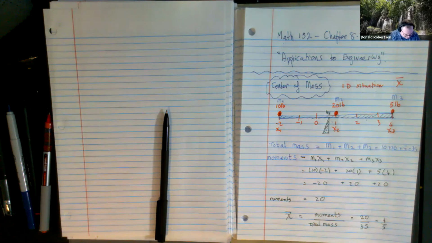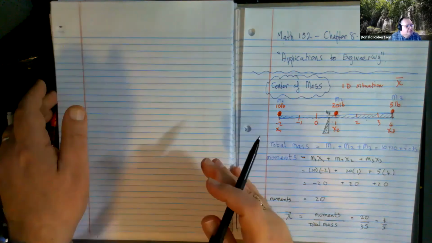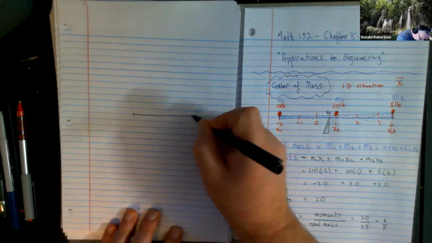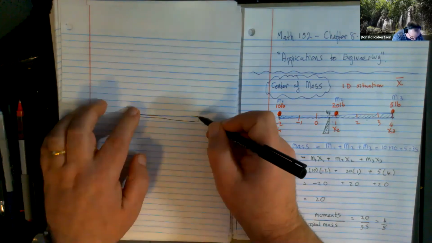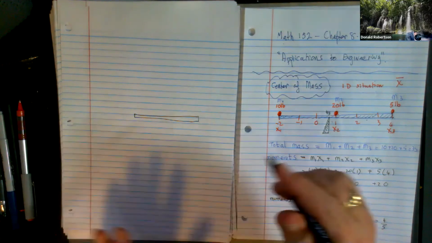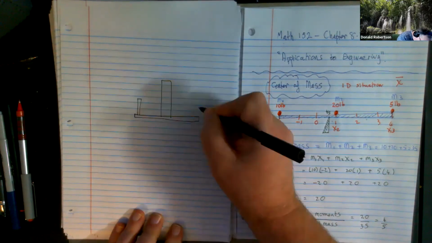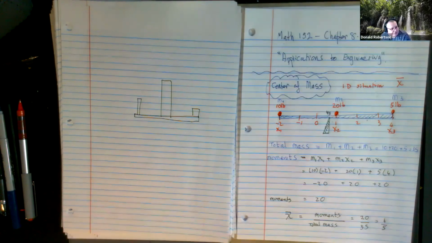Why are balance points important? Well, let's take construction. Let's suppose you've got a roof. And we'll forget about the end points because they're always there. But on this roof, you have three different weights.